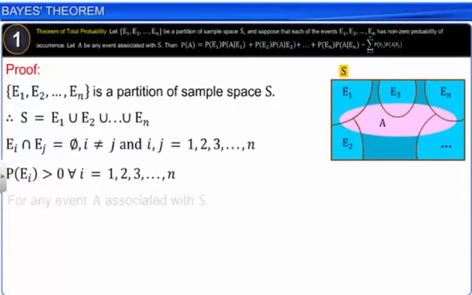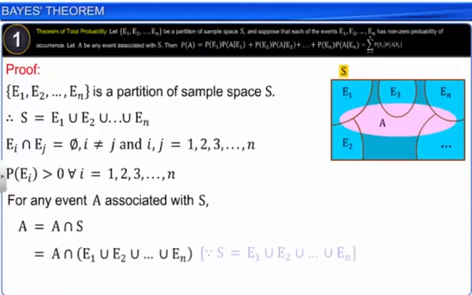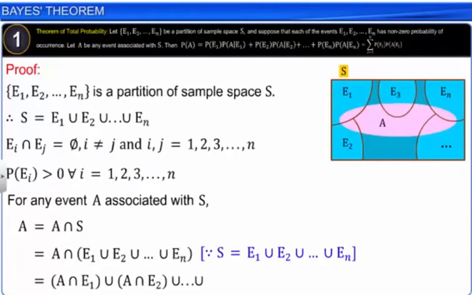Now, for any event A associated with sample space S, A is equal to A intersection S. Since S is the union of all the events of the partition, A is equal to A intersection the union of all the events. Now, by the distributive law of intersection over the union, A is equal to the union of A intersection E1, A intersection E2, and so on till A intersection En.